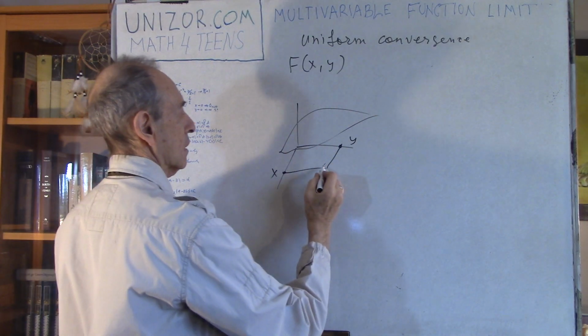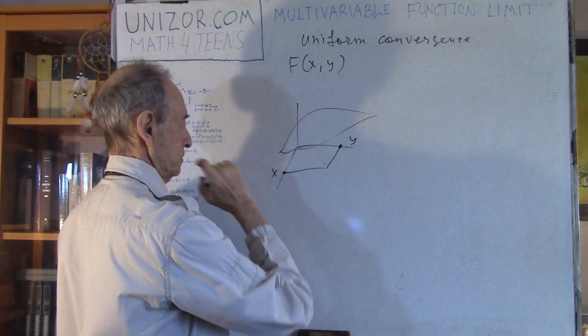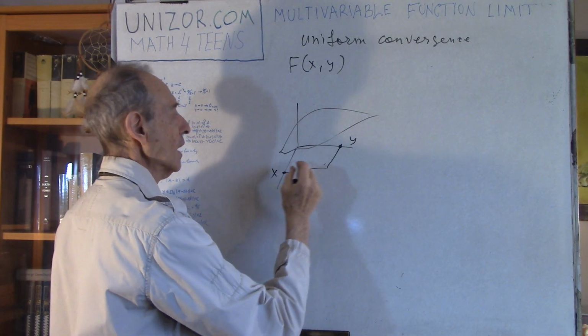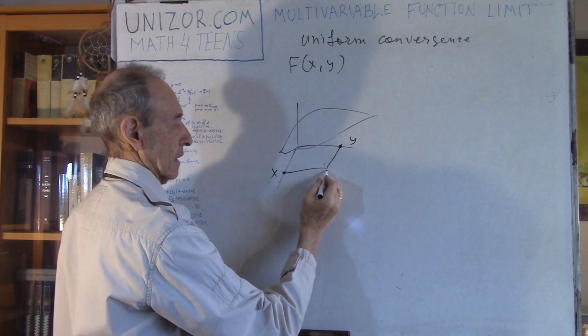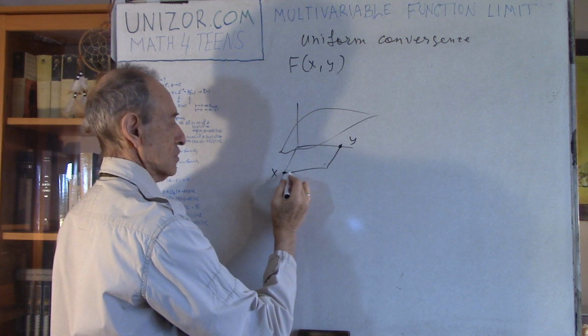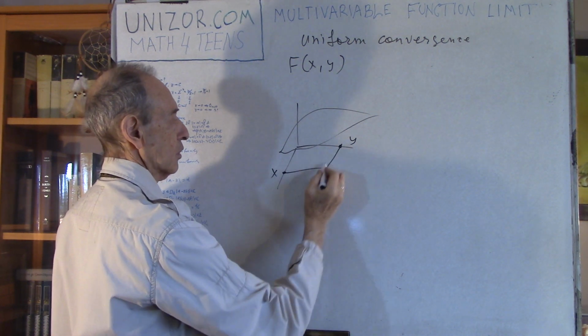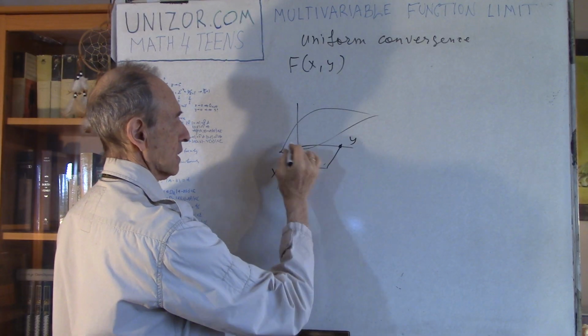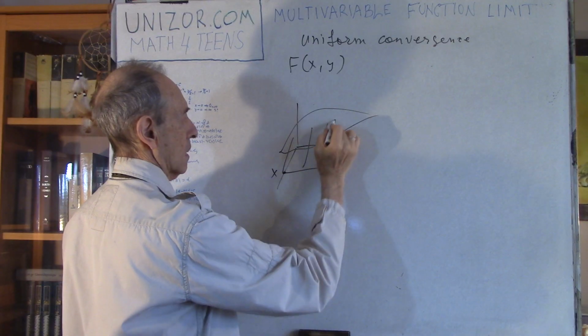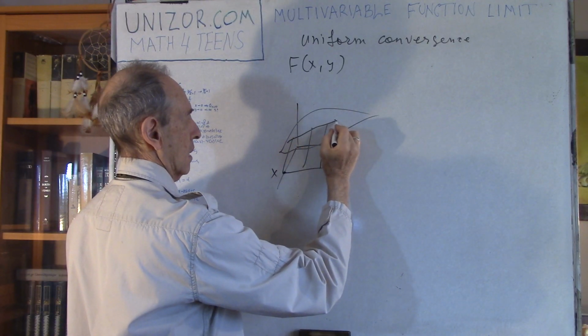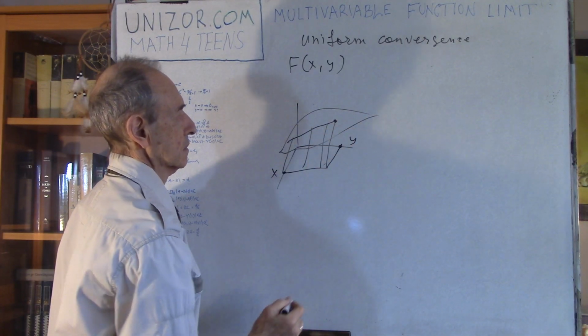What would be the function? So if, let's say, we will go only by x and we will not touch y. So y will be here, and this is x. So the trajectory would be something like this. That would be the result.